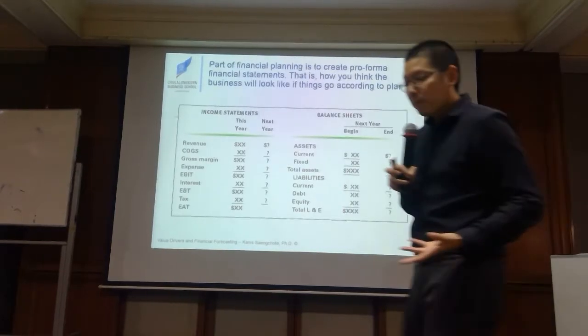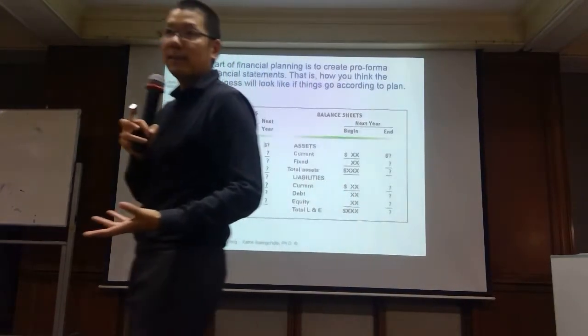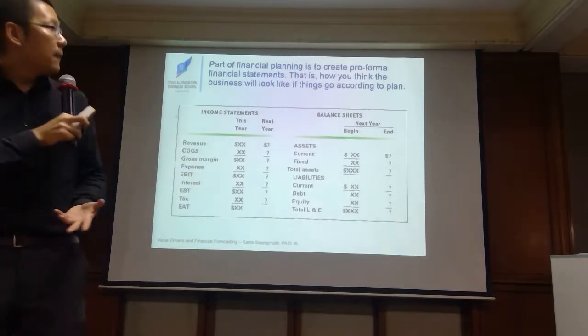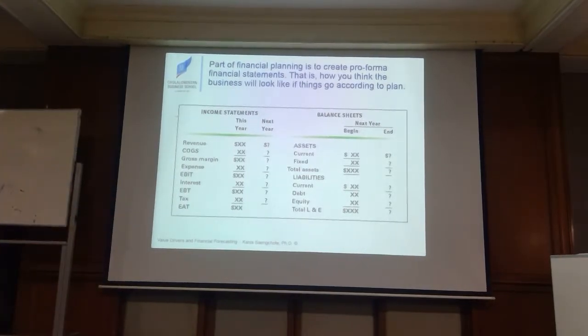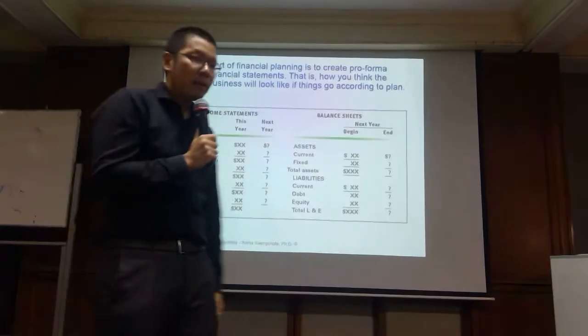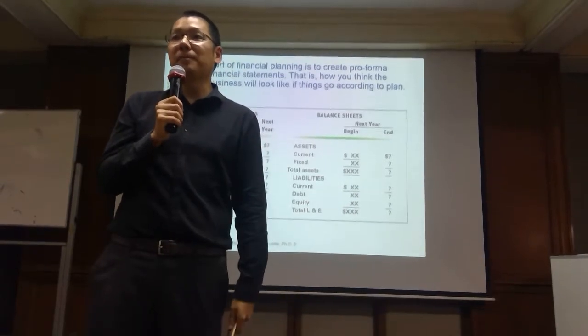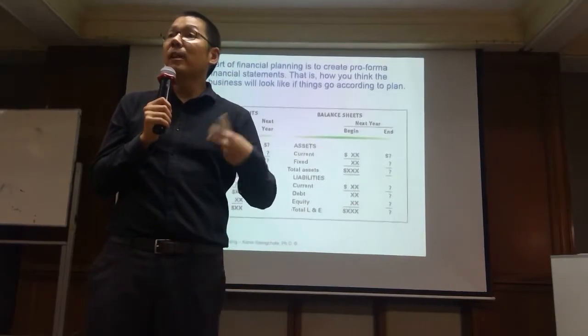And that will involve making forecasts. In finance, we call these pro forma financial statements, which literally just means we're guessing the future. That's a nice way of putting it.